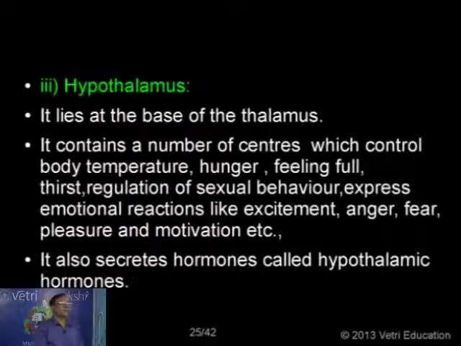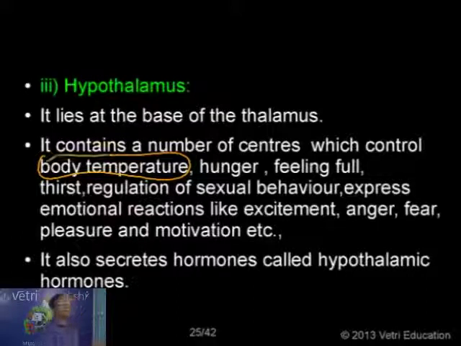Now, the hypothalamus. The lower part of the thalamus is called the hypothalamus. You have to remember this part because certain activities are involuntarily controlled by it. For example, the temperature regulation center is located in the hypothalamus. So it contains a number of centers, for example for controlling body temperature.